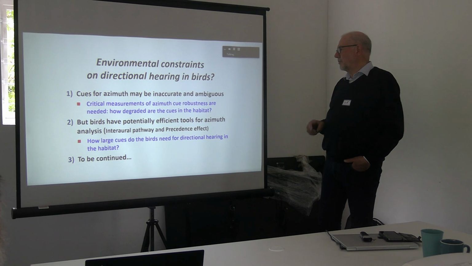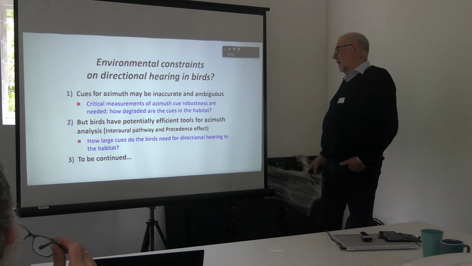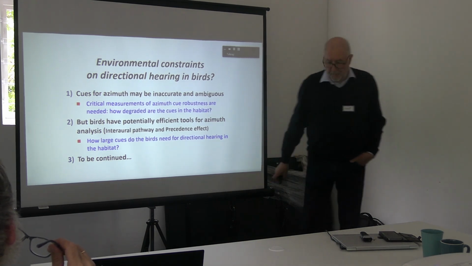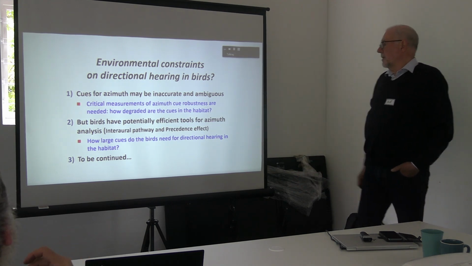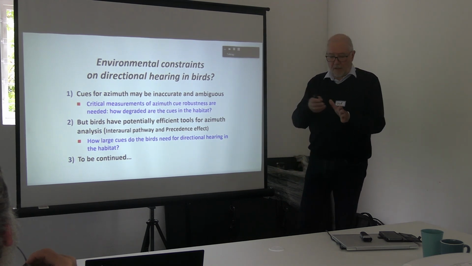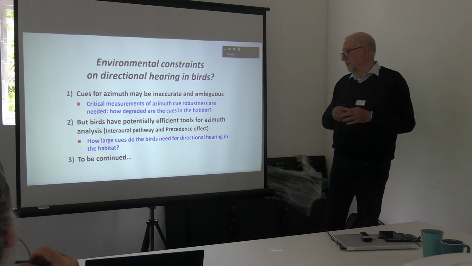So cues may be inaccurate and ambiguous, so we need to do more measurements, and I don't think that people really have done that. Birds do have efficient tools, such as the precedence effect and the inner ear canal.